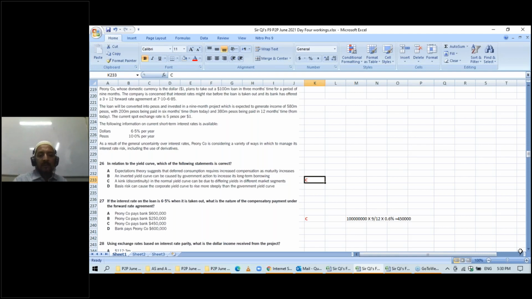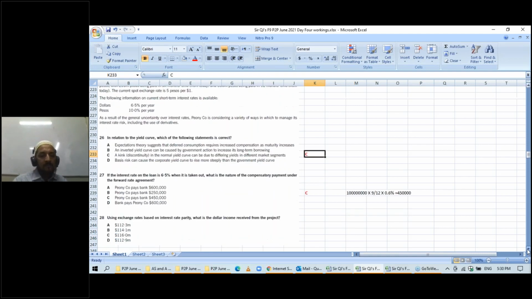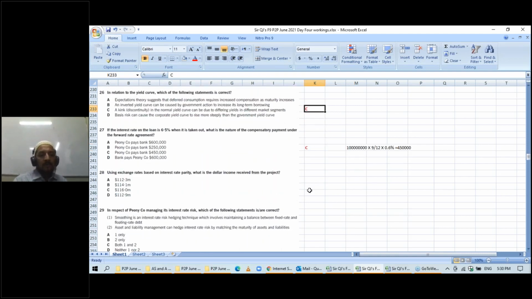Okay, now 8. Using exchange rates based on interest rate parity, what is the dollar income received from the project? So they are telling you that using interest rate parity means you are going to enter into a forward rate agreement.